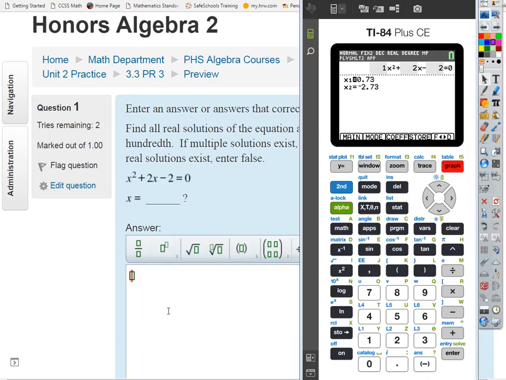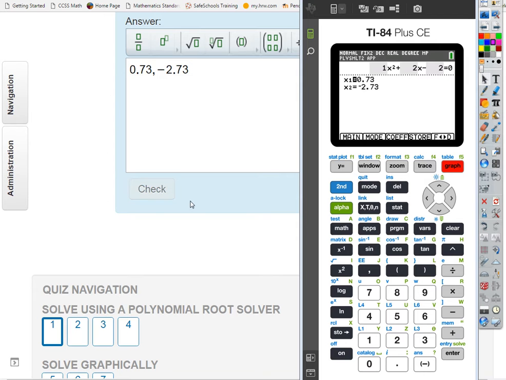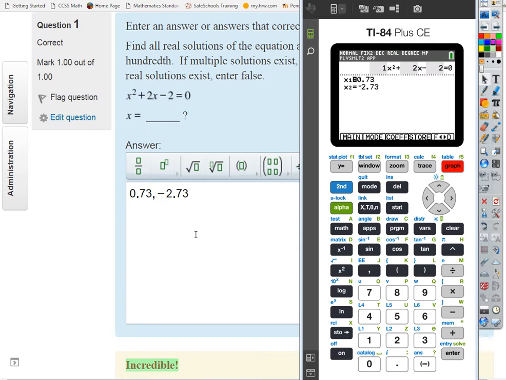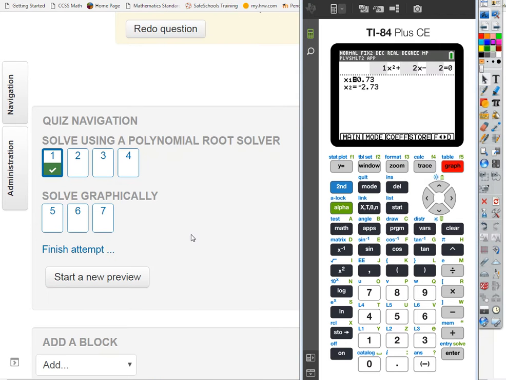How easy is that? The answers are 0.73 and negative 2.73. Couldn't be simpler. I'm not going to show you another one because they're all the same.